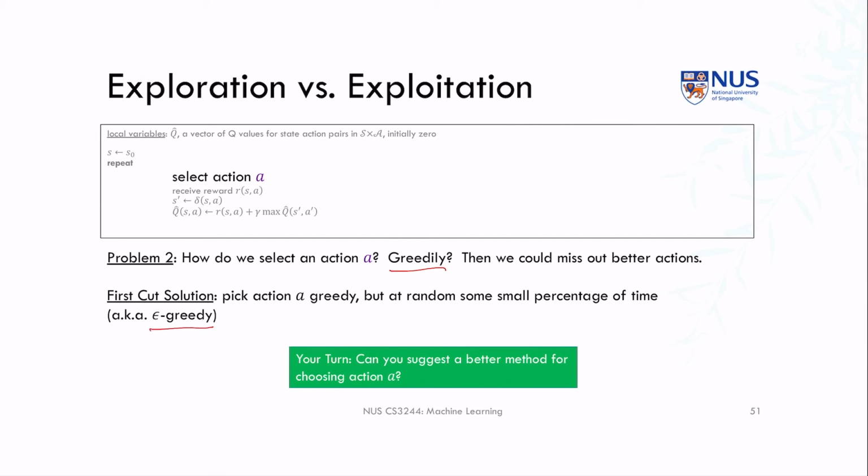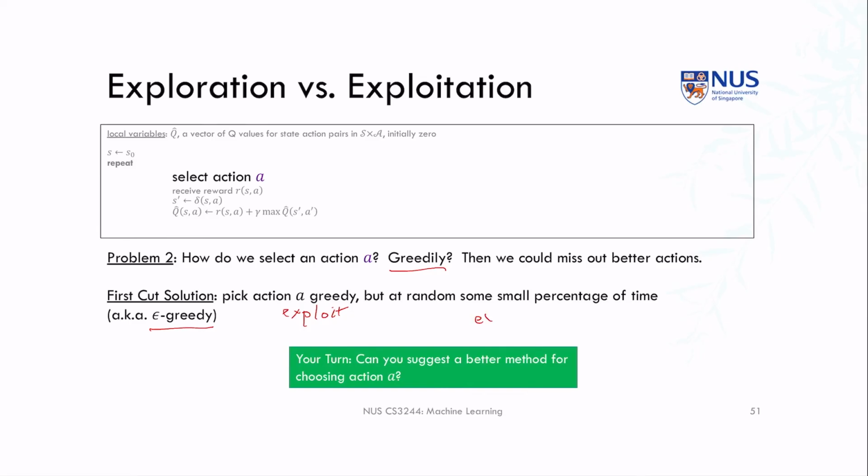That means in most cases, we're going to exploit, all right? We're going to pick action A greedily, okay? When we roll a die and say with 70% likelihood, say 0.7, we're going to do what we think is best, okay? And the other 30% of the time, we're going to say, let's relax a little bit. Let's explore the possibilities of going somewhere else for a change or taking a different action.